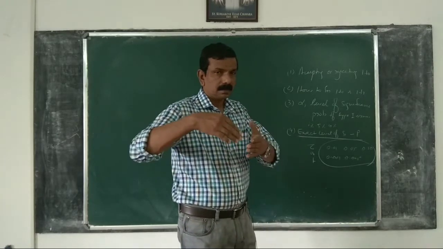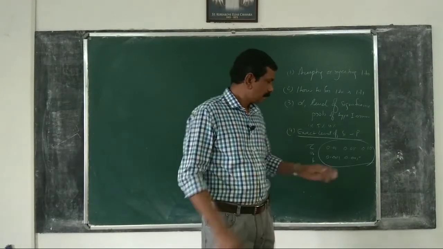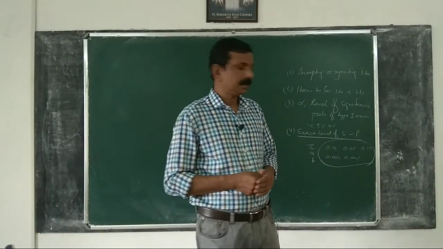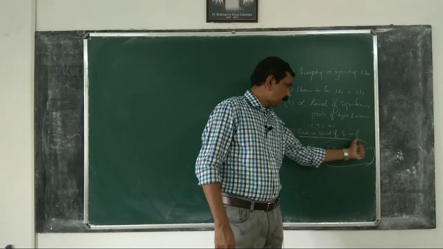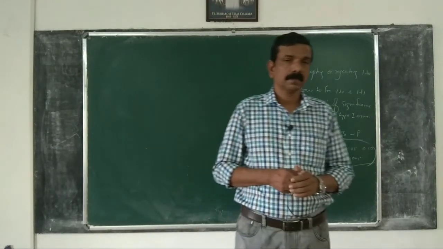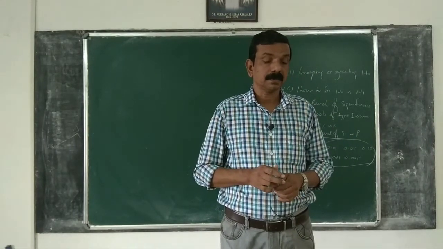Give a chance, a discretion to the reader also to decide whether to accept or reject H0. The p-value is also known as the exact level of significance, the lowest level of significance at which a null hypothesis is rejected.